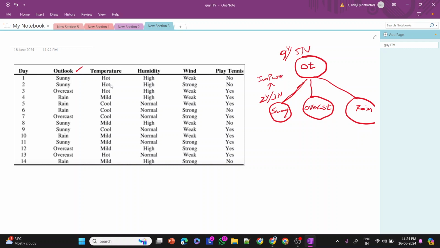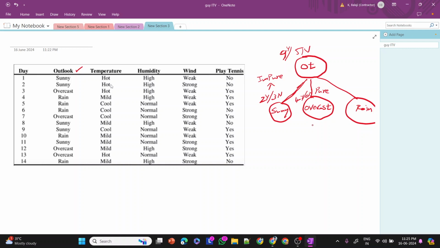Let's see overcast. For overcast, totally there are 4 yeses, and I think there are no no's, 0 no's. This is a pure node.